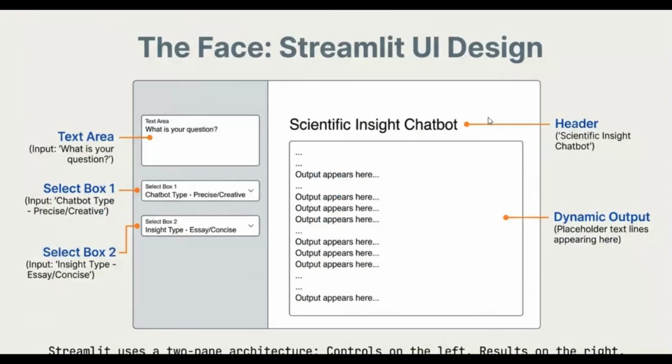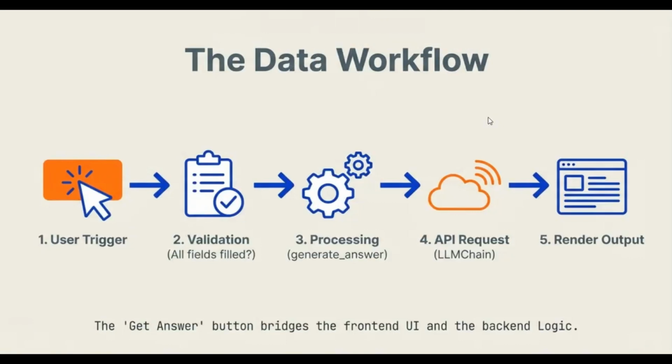So next, let me talk about how the data is going to be processed. First, we are going to be making a button in our Streamlit where only after the user clicks on the button, which is going to be get answer or submit answer, only then will it go into the next part, which is going to be validation.